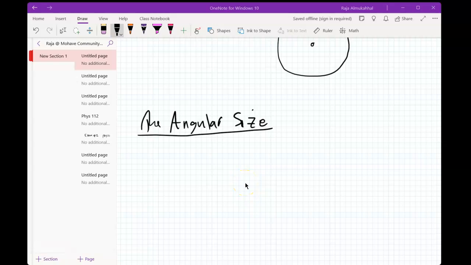if you have a circle, here's the center. And let's say, for example, here's the radius. If you remember, we call this the arc. S is the arc.